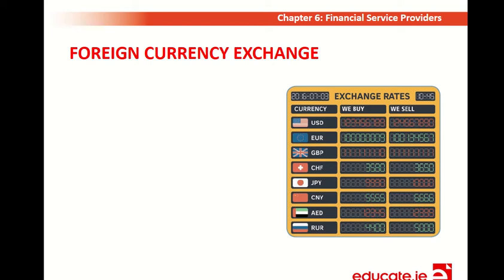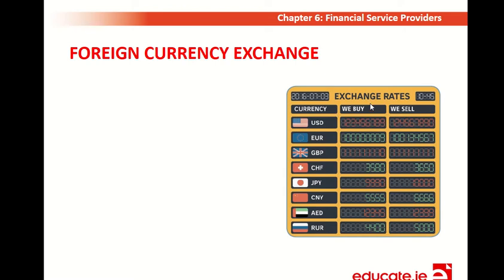So, like the services we talked about from banks and financial institutions in the last lesson, banks also offer a service to exchange currencies. So if you're going on holidays abroad, outside of the Eurozone, where they don't have the euro currency, say to the UK or US, if you go into the bank with your euro money, they will exchange it for that currency.